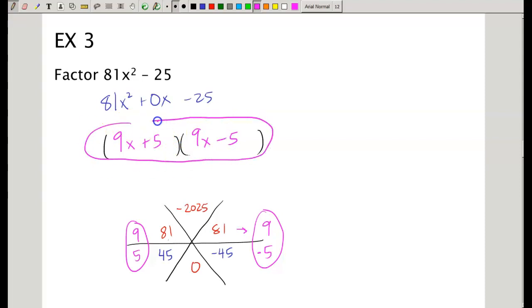Now, some people would say that there's an easier way to do that problem, and there is a pattern that shows up, and that is, this is the difference of two squares.